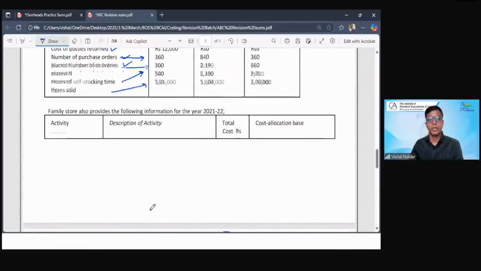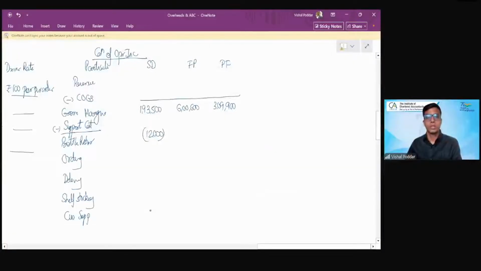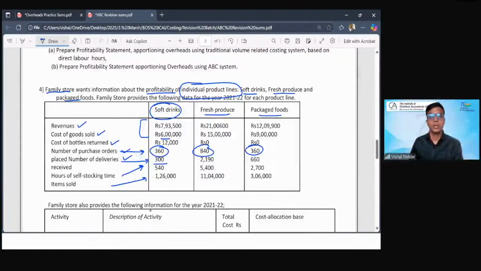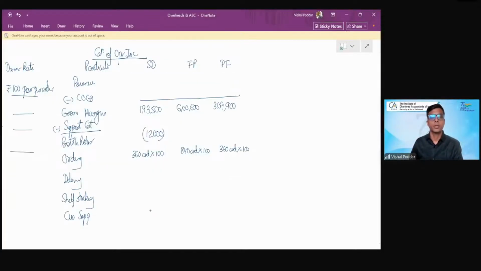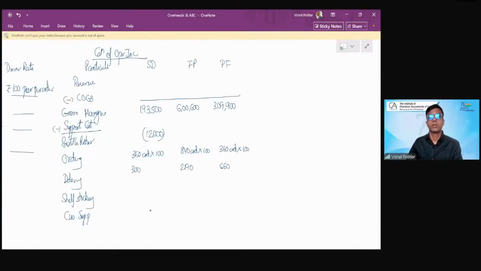So here we are given the data for each product category. So purchase orders is 360, 840, 360. It is 360 orders, 840 orders, 360 orders into 100, 100, 100. Correct? Then 300 to 190, 660 deliveries into the ORR.